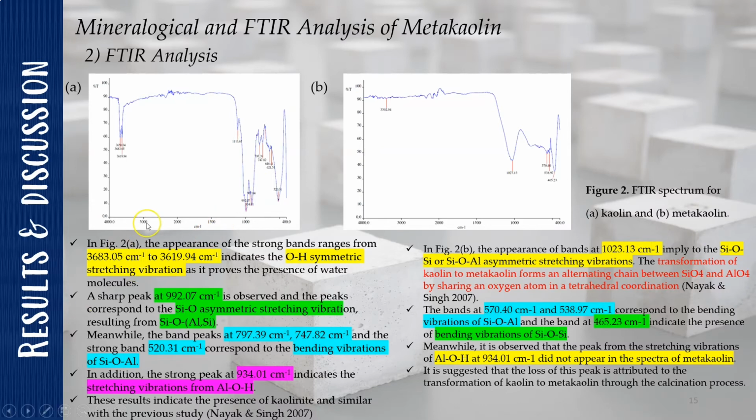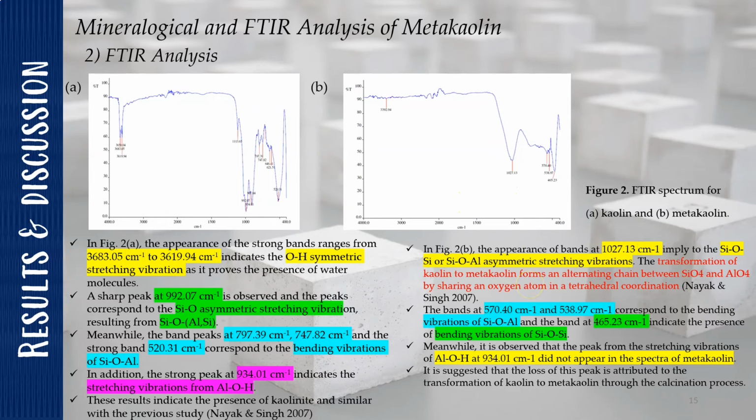In addition, the strong peak at 937.01 per centimeter indicates the stretching vibration of aluminum-oxygen-hydrogen bonding. Meanwhile, in figure 2b, the appearance of bands at 1027.13 per centimeter implies the silicon-oxygen-silicon bond or silicon-oxygen-aluminum bond asymmetric stretching vibration.